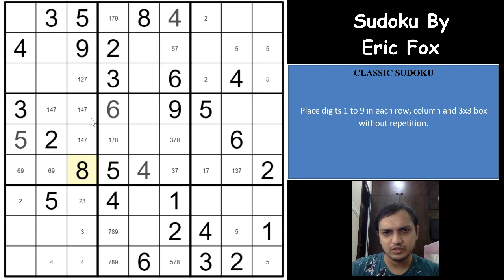And 1, 4, 7, 1, 2, 4, 7. Let us see if we get anything else. 5, 9, 8, 6, 3, 2. So 1, 4, 7 is the possible digit. So this was the most important cell here.